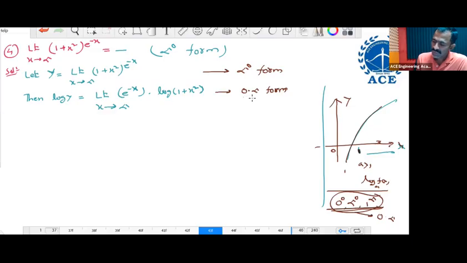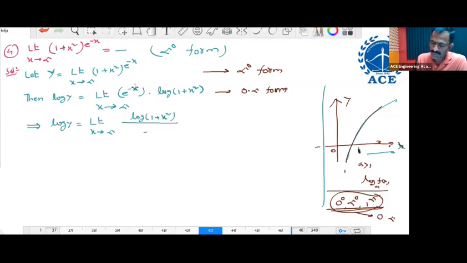For 0 into infinity also, we cannot apply L'Hospital directly. Again, we try to reduce this 0 into infinity to 0 by 0 or infinity by infinity, so that we can find the value using the L'Hospital method. So log y equals the limit as x tends to infinity, and in that I am keeping the log function in the numerator.